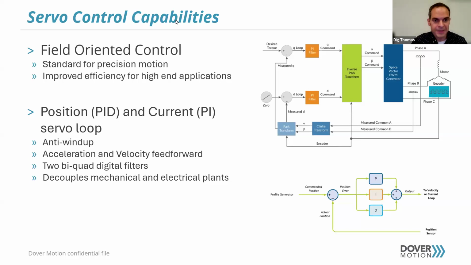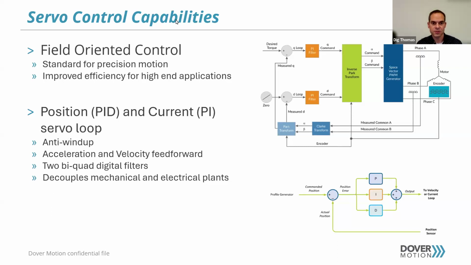Sure. I just wanted to add to the advantage of having that current loop versus just standard PID. I know many people out there just use the PID position loop, but effectively what that current loop does is it decouples your PID position loop, which is based on your mechanical plant, and the electrical plant, which is based on your resistance and inductance of the motor, such that effectively all your PID loop needs to know about are the physical moving things and what is the force constant of your motor.